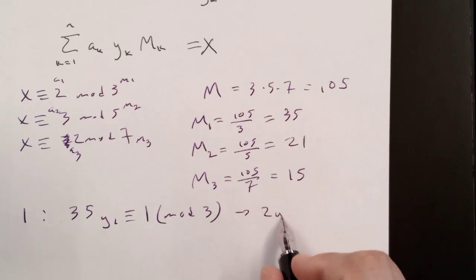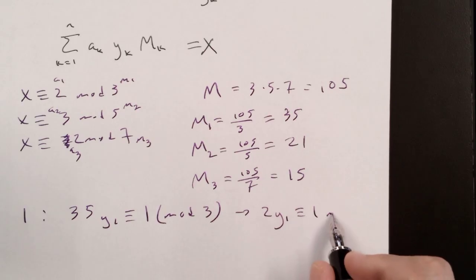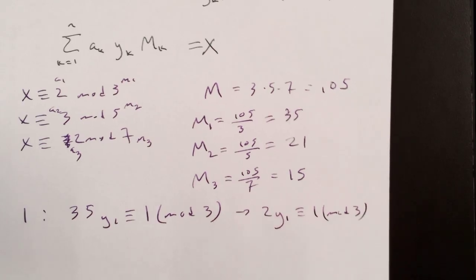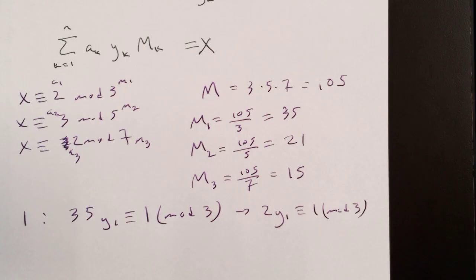This equation just became 2y1 congruent to 1 mod 3. There are only 3 numbers to try, 0, 1, and 2, because I'm in the universe mod 3. It's definitely not 0, because 2 times 0 is 0. It's definitely not 1, because 2 times 1 is 2. What's 2 times 2? But I'm in the mod 3 universe, and that's 1.